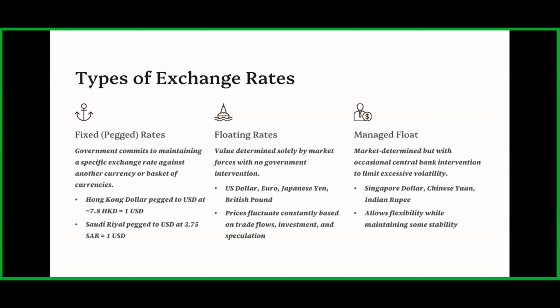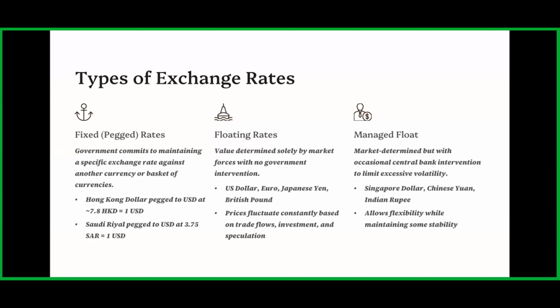So what does the government do? The government fixes its currency's exchange rate with different currencies. They mutually decide the fixed exchange rate. That is what we call the fixed or pegged rate.